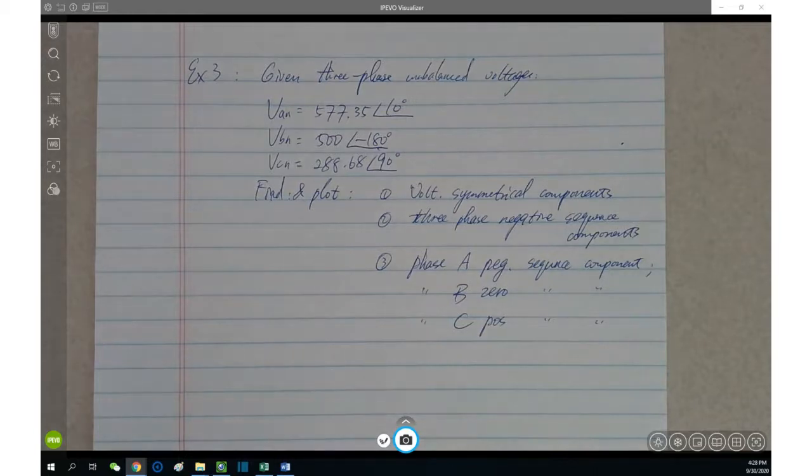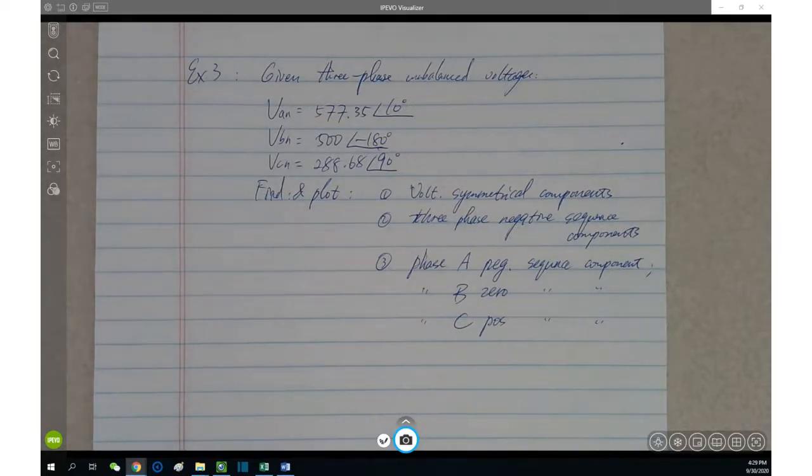Here I receive a question from Sawyer. Given the VAN, is it nothing but the VA we learned from our previous equations? Okay, they're the same thing because the voltage symmetrical component is based on the phase voltage, not line voltage. So VAN is obviously phase voltage. VAN is VA.